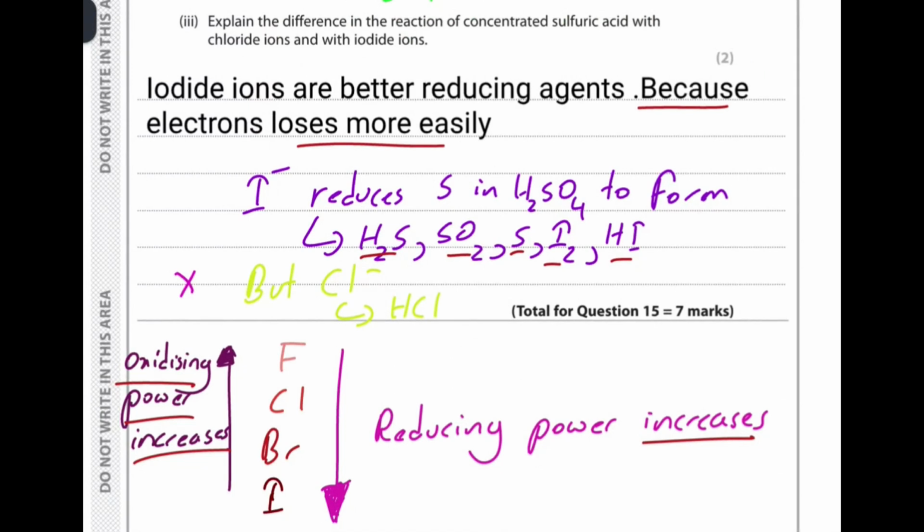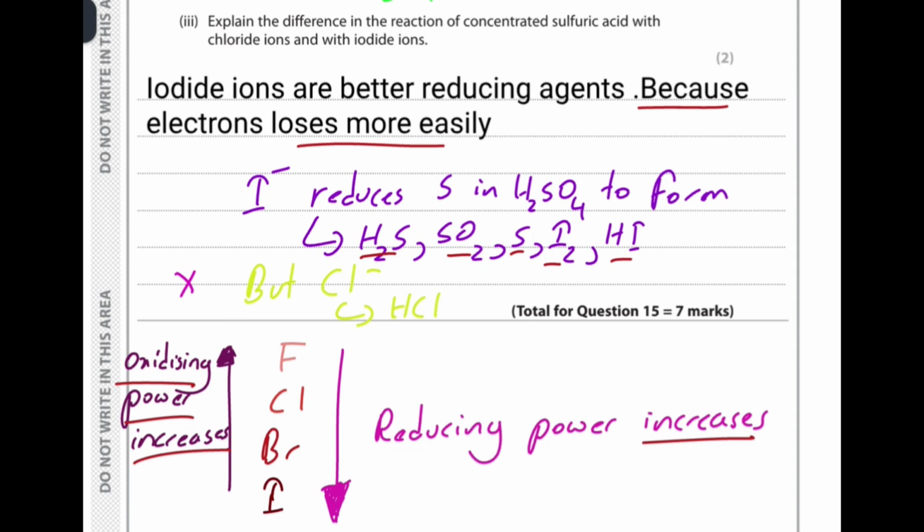Roman number 3 explains the differences in the reaction of concentrated sulfuric acid with chloride ions and iodide ions. So first of all, we should know that the size of ions increases down group 7. Therefore, their ability to release electrons increases down the group, right? So that means electrons will be removed more easily.